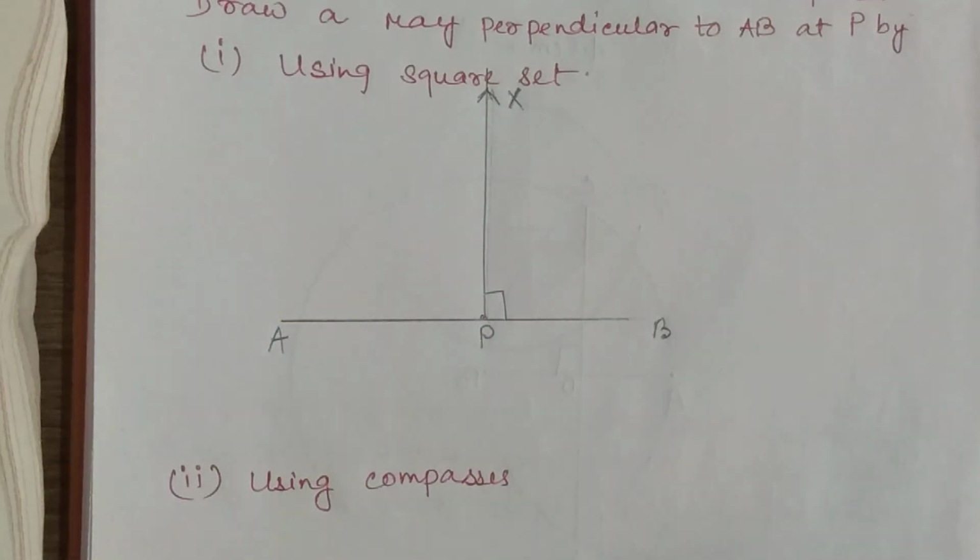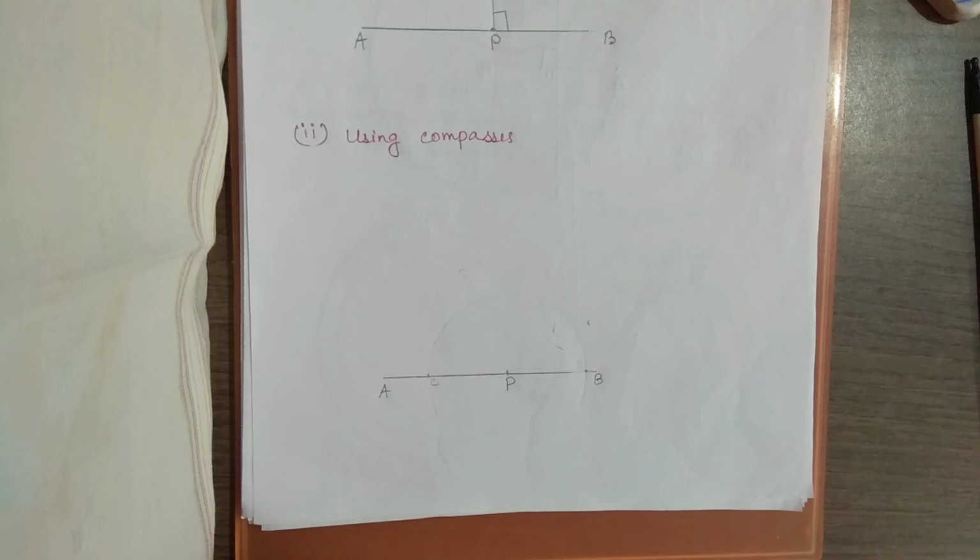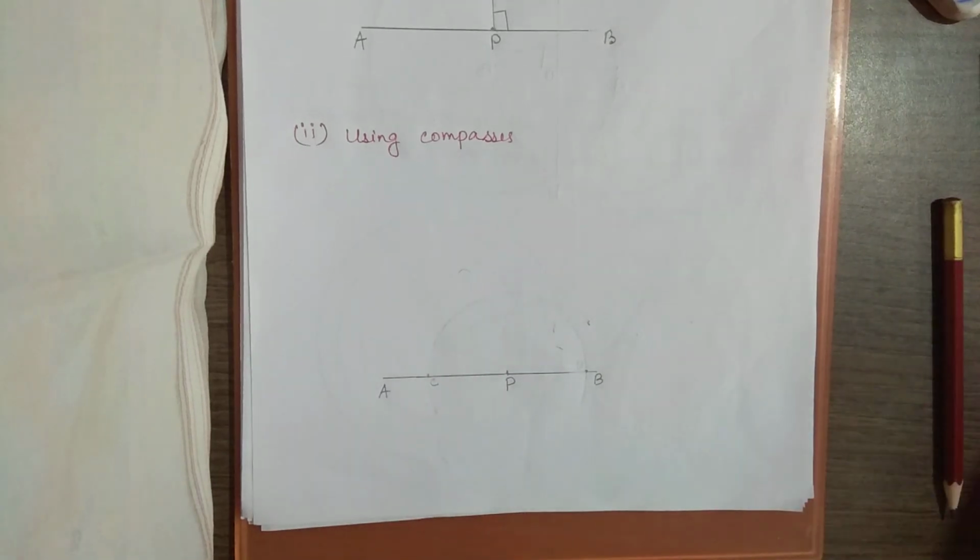Okay. Now we will go to the next one, where we have to draw a perpendicular using compass. Here also the rule is the same. The first two steps are the same.